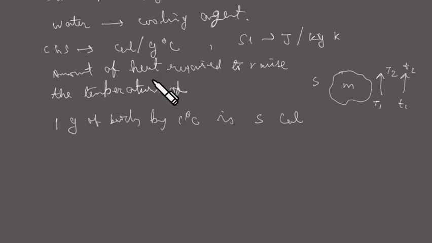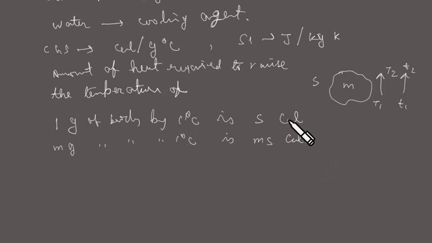So the amount of heat required for 1 gram of the body by 1 degree Celsius is S calorie. So for m gram of the body by 1 degree Celsius, how much do we need? m S calorie.